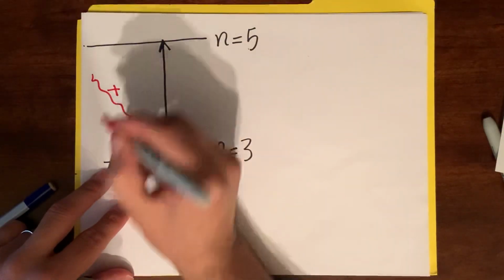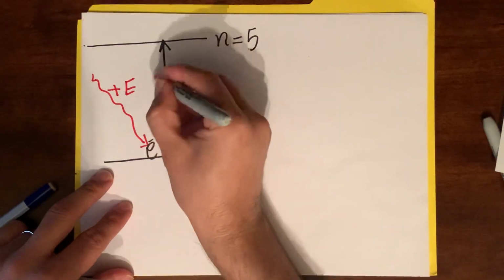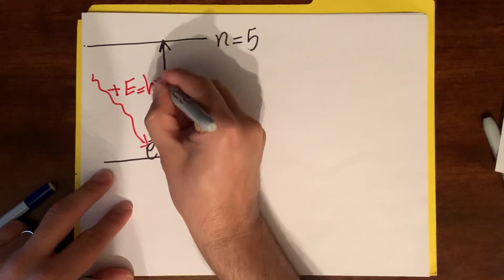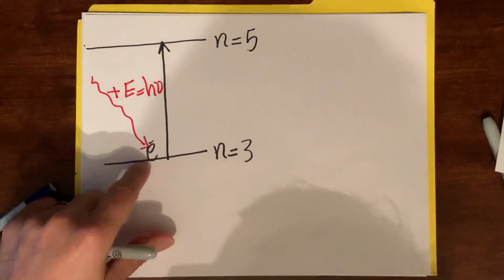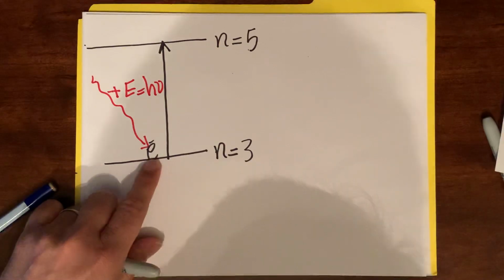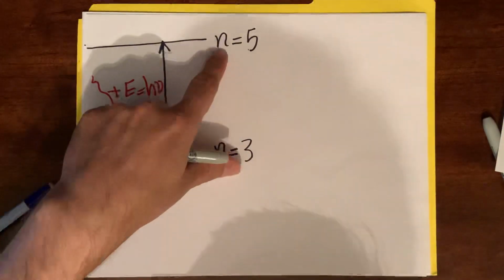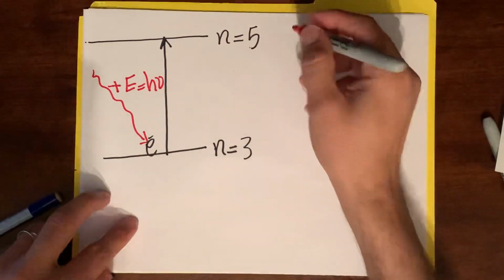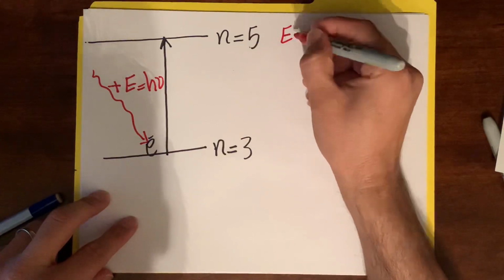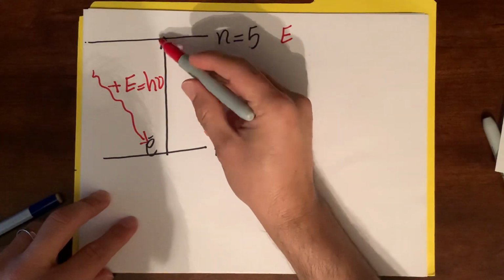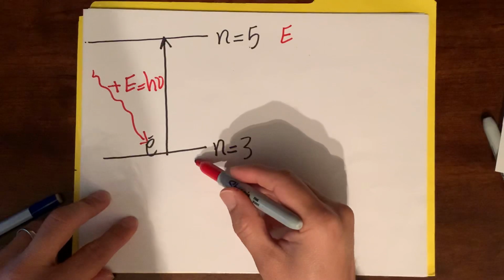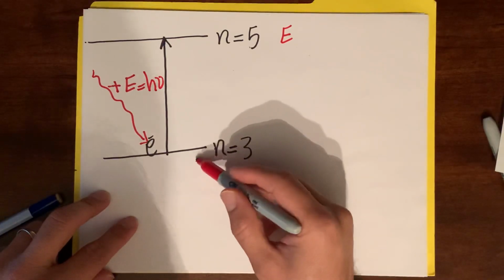So we are adding energy, which is equal to H nu. We are adding energy to this electron that belongs to n equal 3, and it will go to a higher level. So I have the right to say energy of the electron when here is going to be higher than energy of the electron when it's sitting at a lower level.